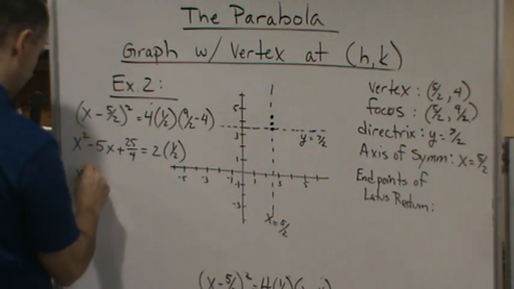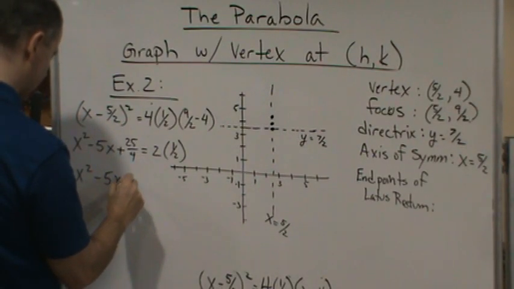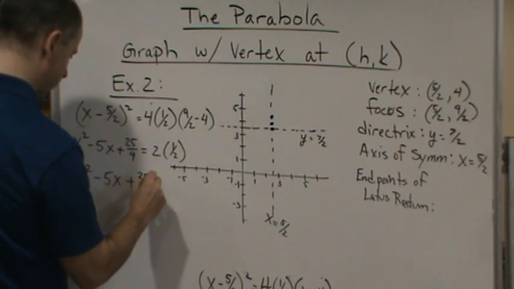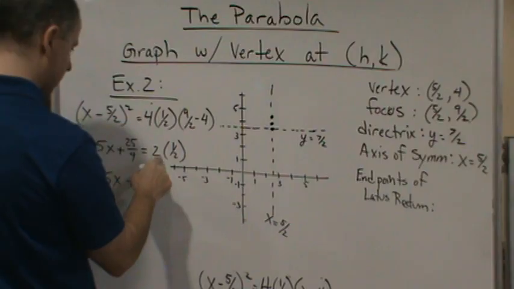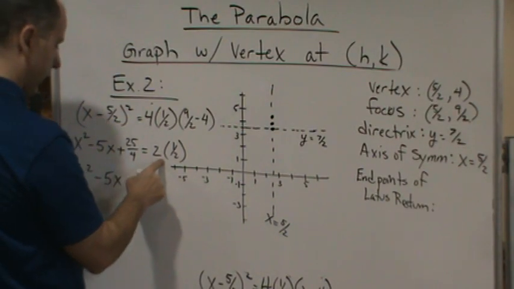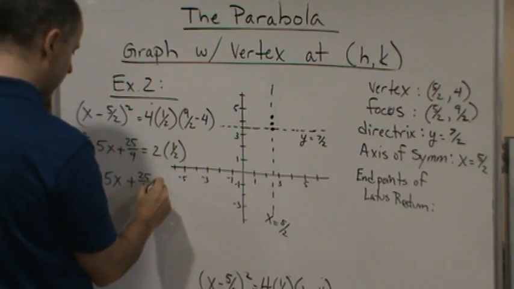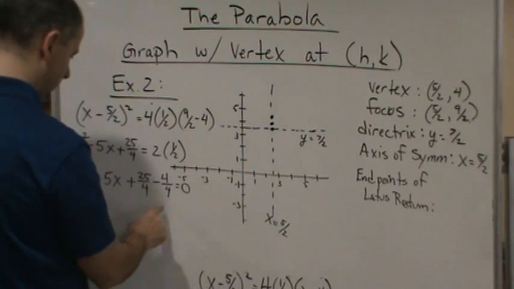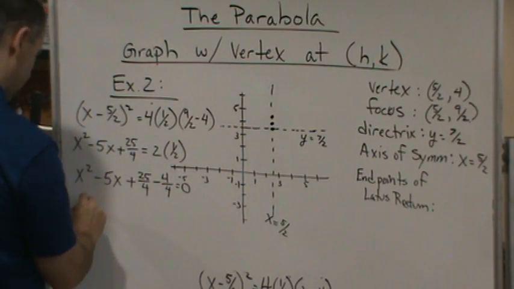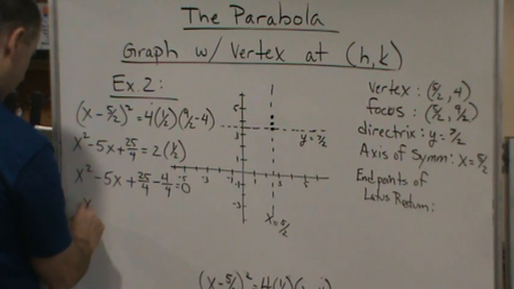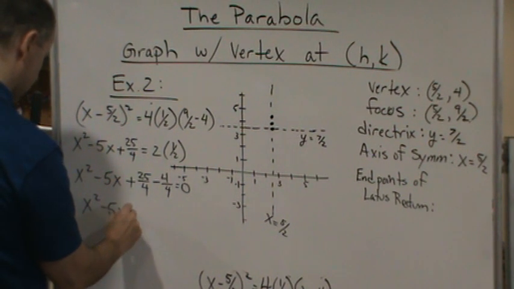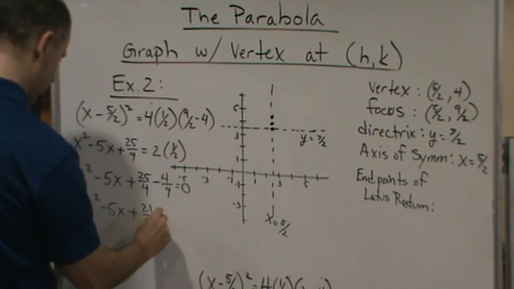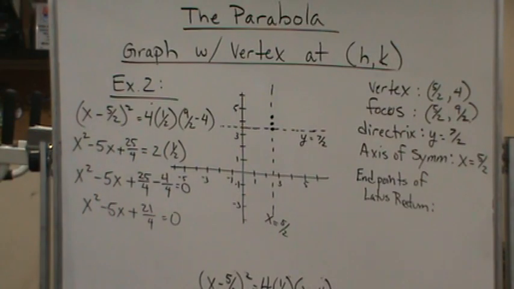So I get x squared minus 5x plus 25 fourths equals 1. Then I subtract 1 from both sides, but 1 is the same as 4 over 4. So this gives me x squared minus 5x plus 21 fourths is equal to 0.